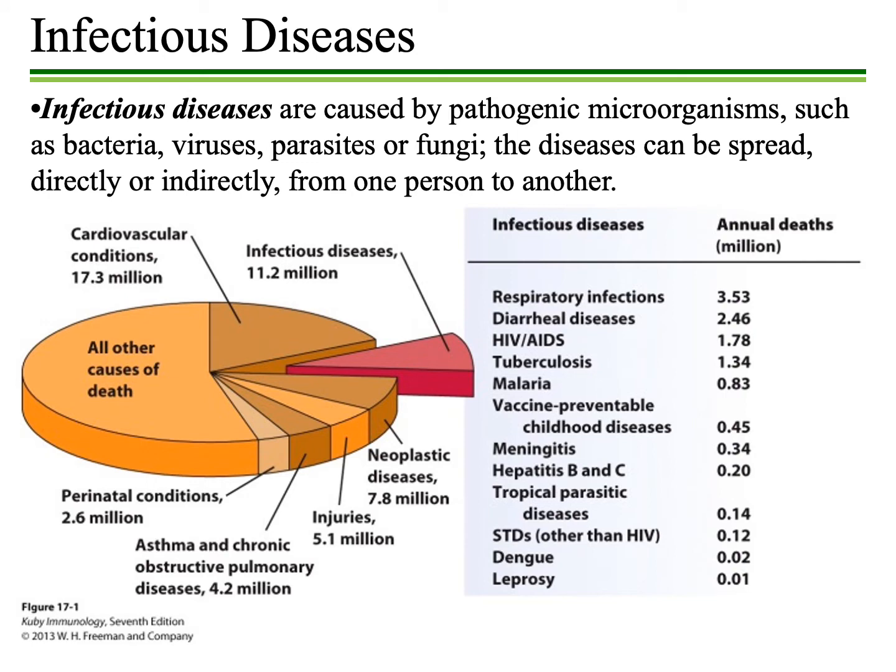Both the innate and the adaptive immune response, as well as the complement system, do in fact provide defense against pathogenic organisms. However, there are millions of deaths worldwide due to infectious disease. Infectious diseases are caused by pathogenic microorganisms, and the diseases can be spread directly or indirectly from person to person.